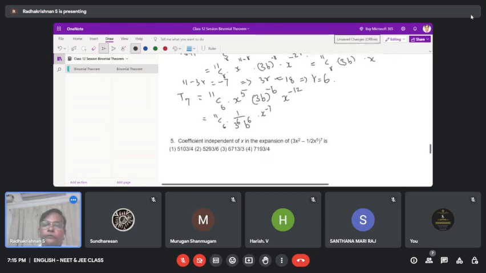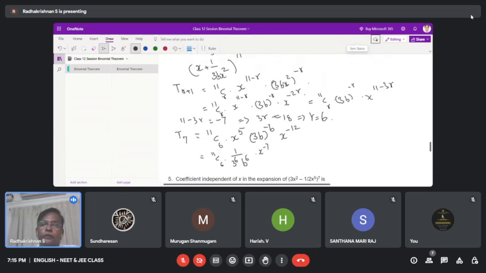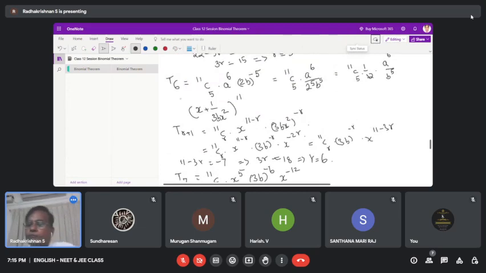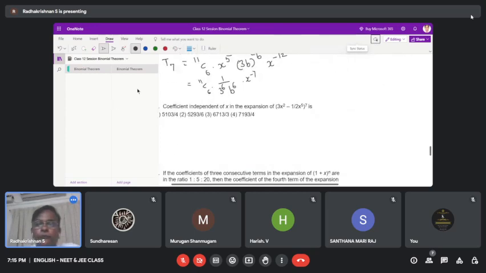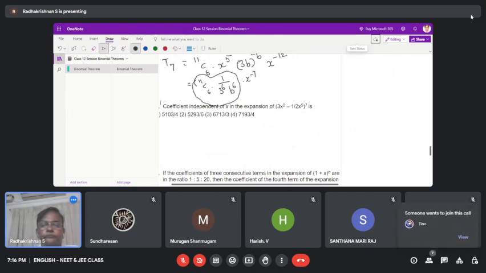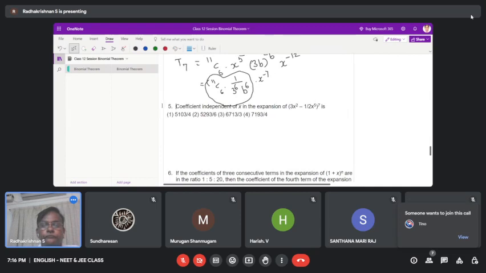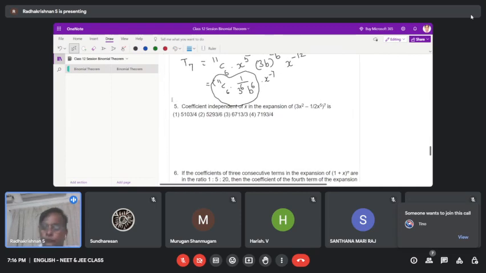Okay. So what have they given? This coefficient is equal to this coefficient. So you equate the two.